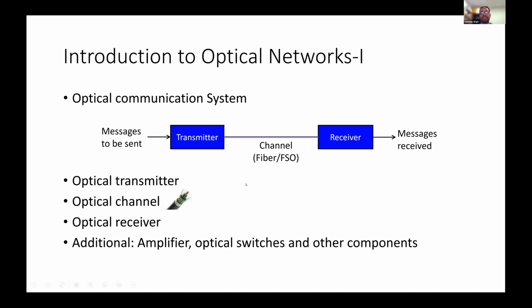In addition, if we would like to transmit the optical signal over long distances, more than hundreds of kilometers, then we will need an amplifier, an optical amplifier in particular. And if we want to connect multiple endpoints, then we will need optical switches also to direct the signals to their destination. And we will require other components, for example, optical filters, optical splitters, etc., that we will look at during this course.